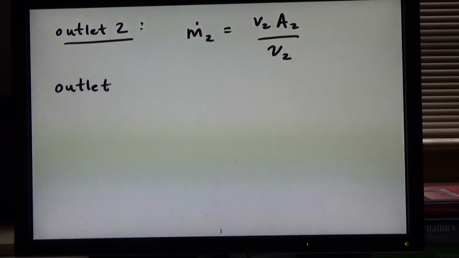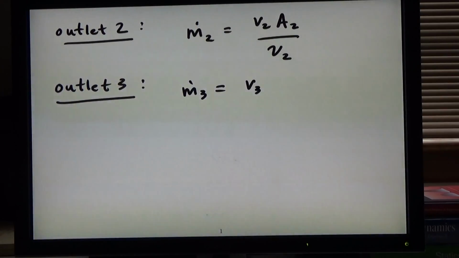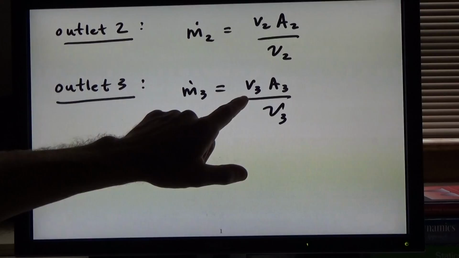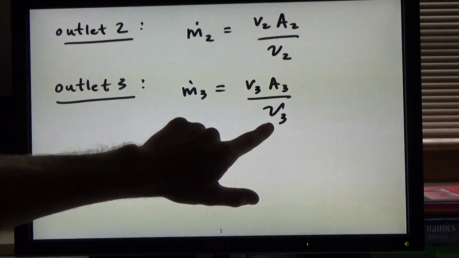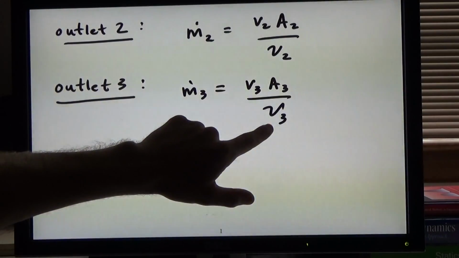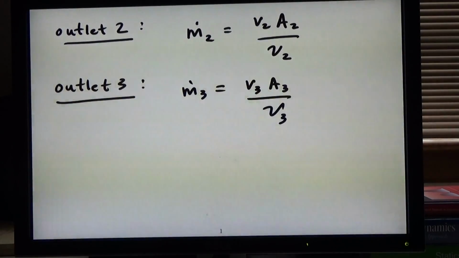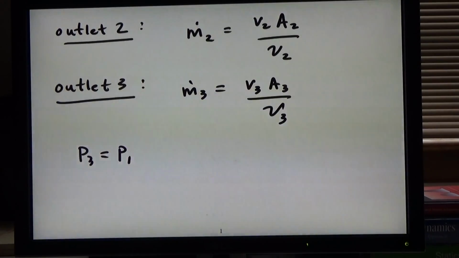So let's move on to outlet number 3. Hopefully we can solve for it. If we write our equation, m dot is equal to V times A divided by specific volume. So we have velocity, we can calculate area based on diameter, and we need to look up specific volume at outlet number 3. Outlet number 3 has the same pressure as the inlet, and the same temperature as the inlet.